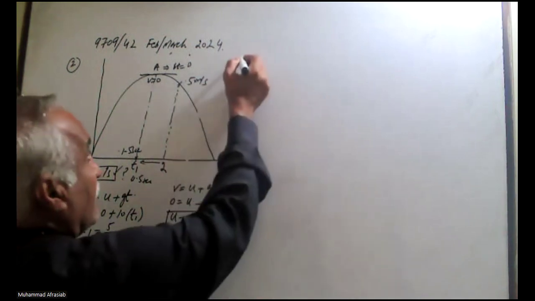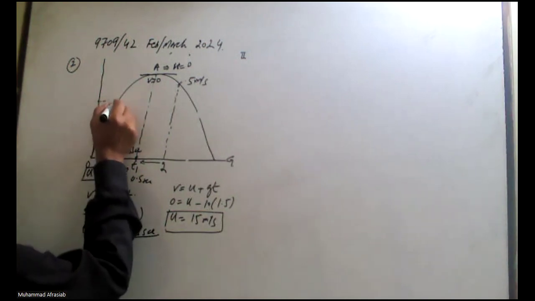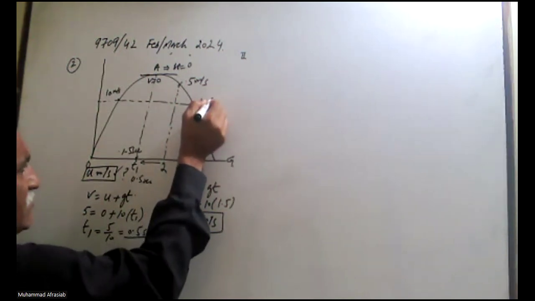The second part of this: we are going to calculate the distance traveled when the speed is 10 meters per second. Let's say at this position the speed is 10 meters per second, and at this point its speed is also 10 meters per second.